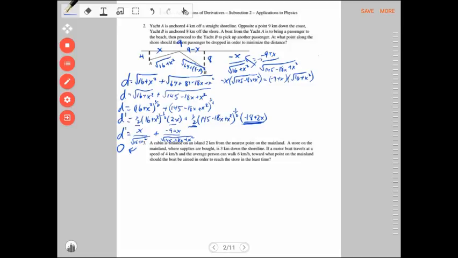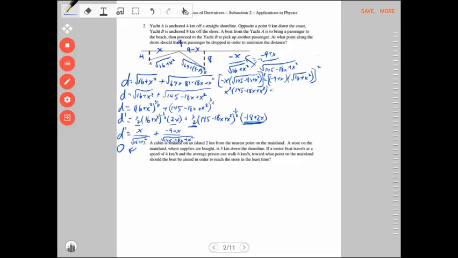Now what we're going to do is square both sides. That gets rid of the square roots. Negative x squared is just x squared, and the square root disappears, so 145 minus 18x plus x squared equals negative 9 plus x, squared.